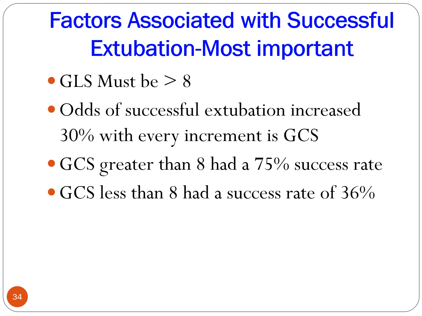If you had a Glasgow Coma Scale greater than 8, you typically had a 75% success rate. But if you had a Glasgow Coma Scale less than 8, the success rate was 36%. So I want to show you techniques a little bit later, when you have a Glasgow Coma Scale less than 8, where the success rate of extubation is 36%. What do you do? I'm going to show you that a little bit later.